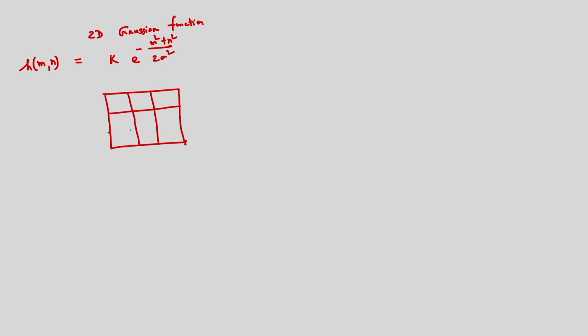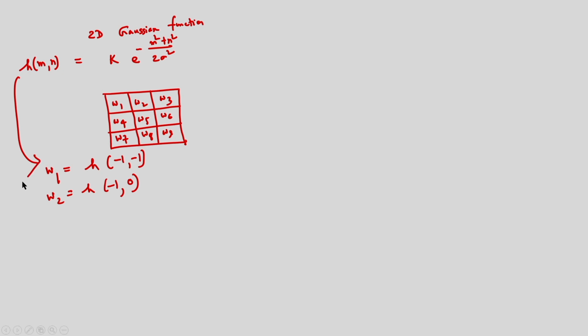Suppose I am considering the weights W1, W2, W3, up to W6, W7, W8, W9. What is the weight? W1 is nothing but h(-1,-1). And W2 is h(-1,0). So from this you can calculate the values W1, W2 like this. So this is the Gaussian mask.